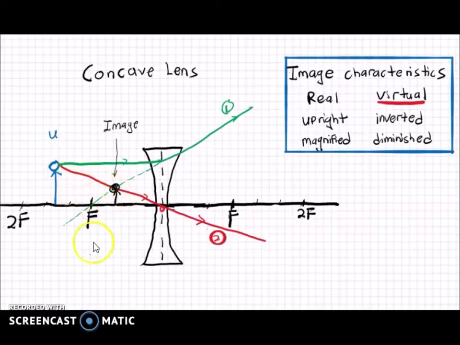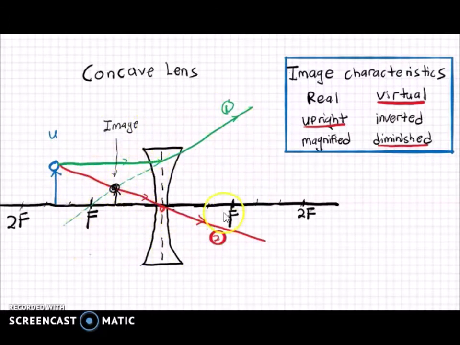It is not inverted, it is upright. The size is getting smaller, which means it is diminished. So this is the image characteristics of a concave lens, and you only have one type of image. It doesn't matter where the object falls, your image characteristics will have the same drawing.